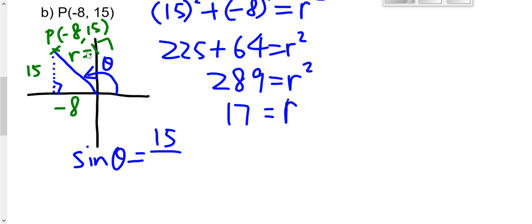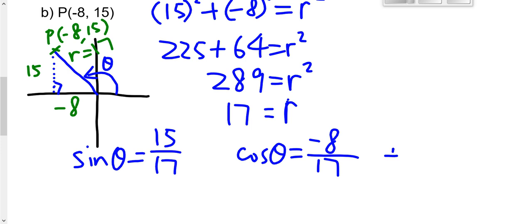Then for cosine, adjacent over hypotenuse, -8 over 17, and then tangent, opposite over adjacent. Okay, so that's what we did yesterday.